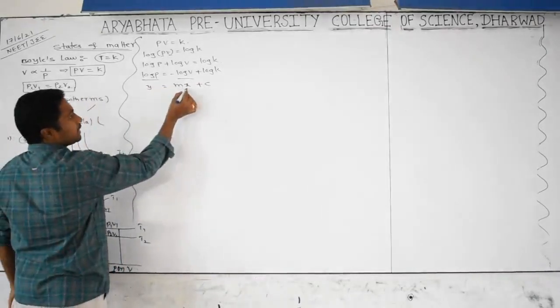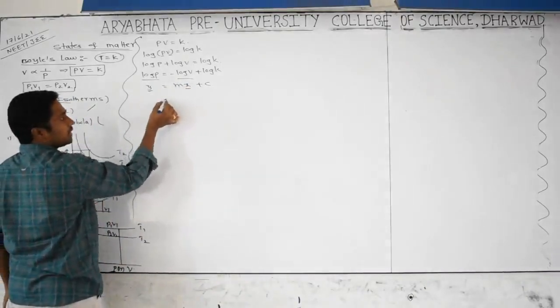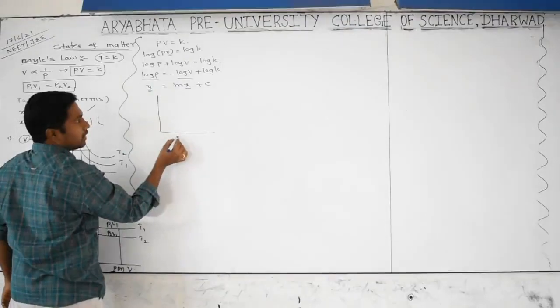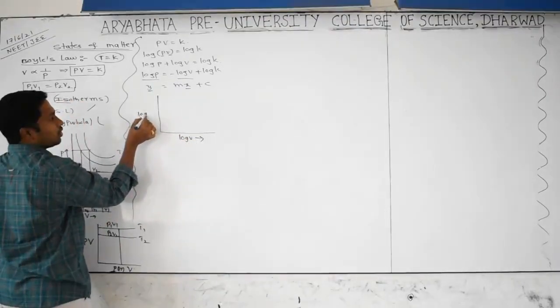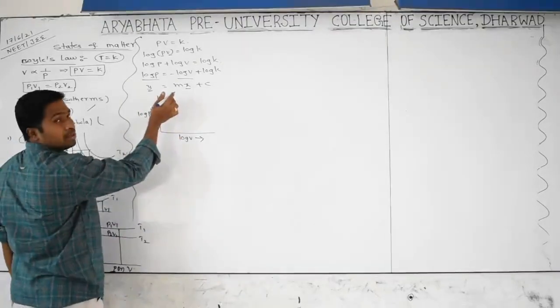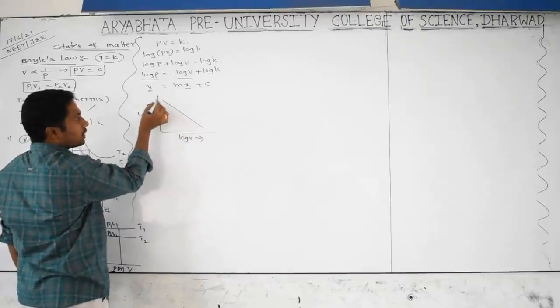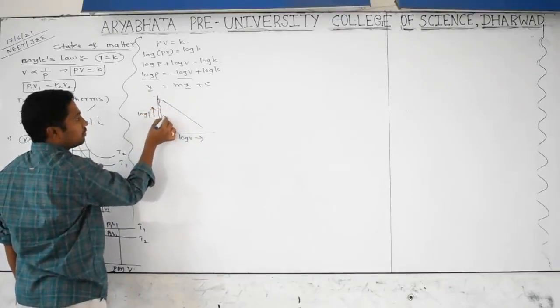So we take log V on the x-axis and log P on the y-axis. Then you get straight lines with negative slope, and whatever intercept comes here is log of K.